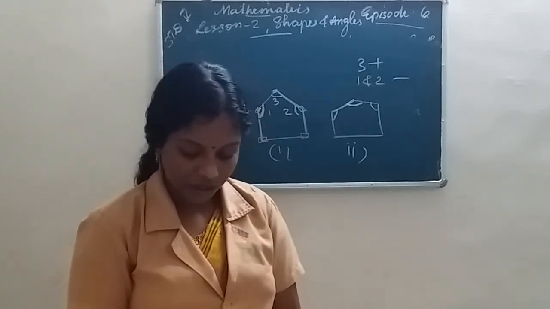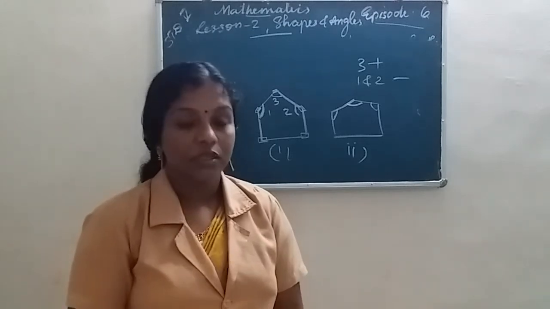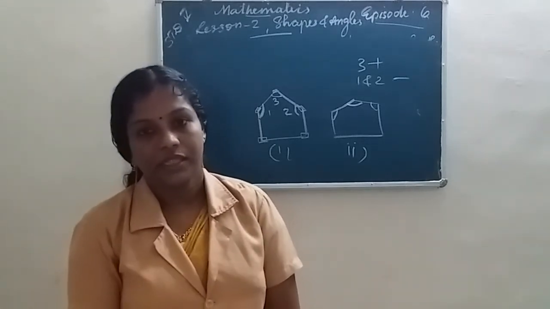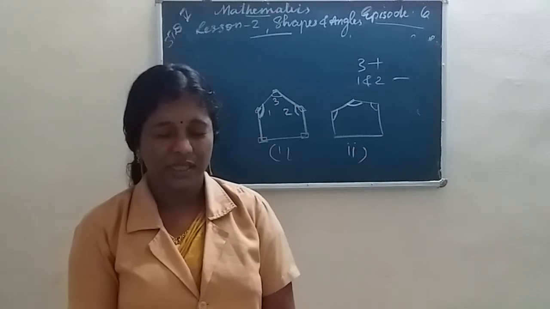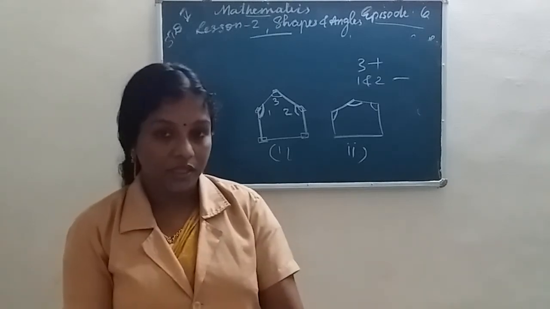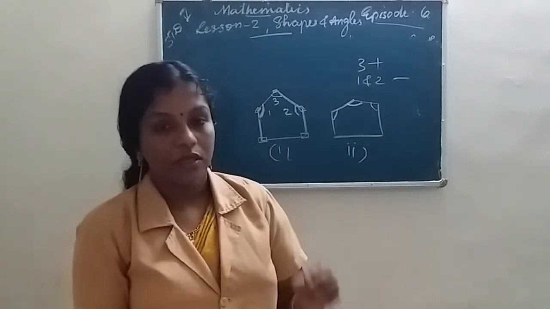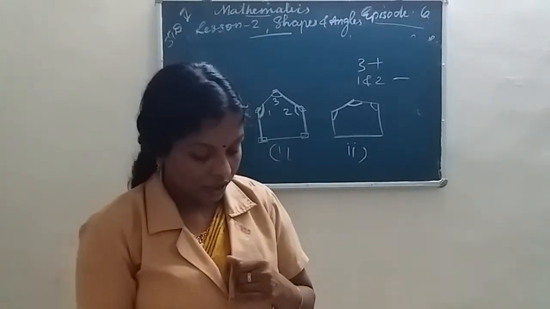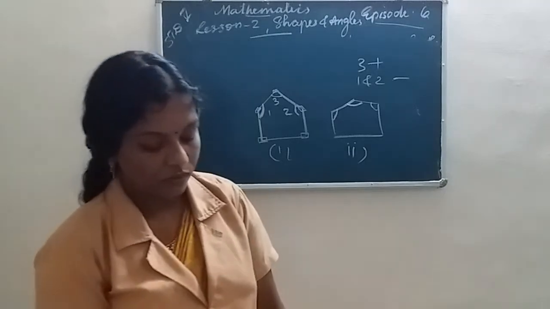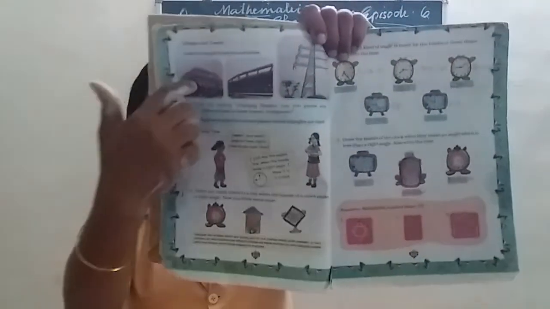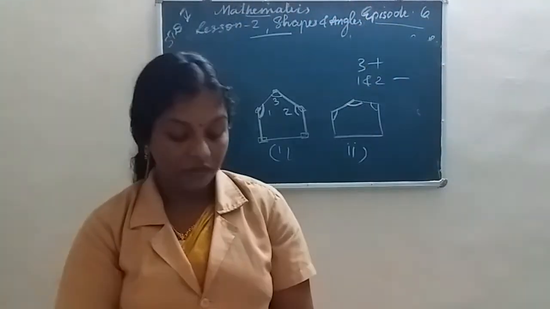You can see many towers in your surroundings: telephone, electricity, and mobile towers, and each tower consists of many angles. Suppose there are 1, 2, 3 towers given here.